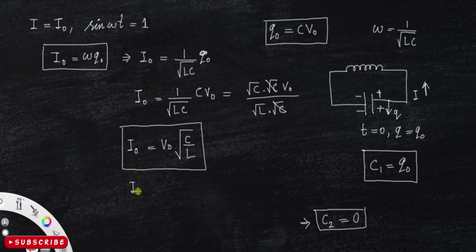Also, the ratio of the peak value of current to the peak value of voltage is root C by root L, that is, the root of the ratio of capacitance to inductance.